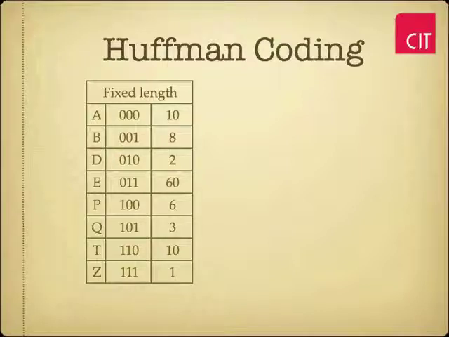So there are 6 times as many E as there are T and A. And of course Z and D and Q are fairly infrequent. P, B, A and T are in the middle there. And then E occurs significantly more frequently than others. Now this example is fairly contrived, but it will illustrate very well how Huffman coding works.